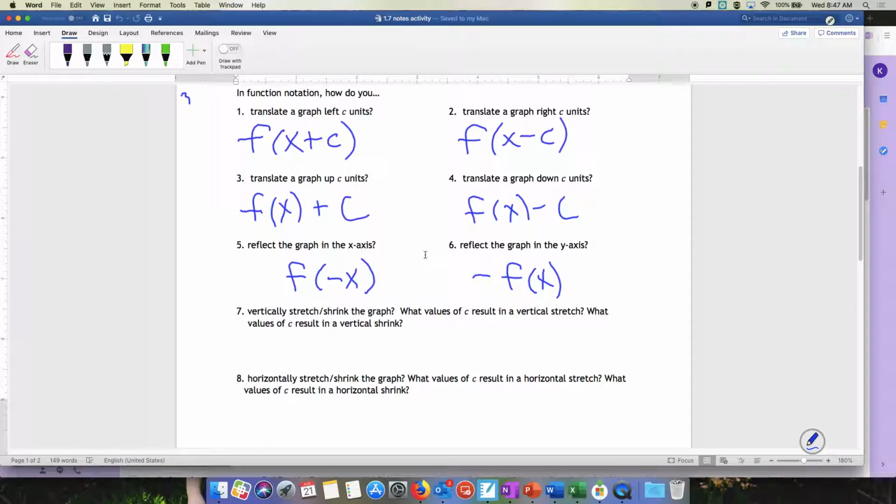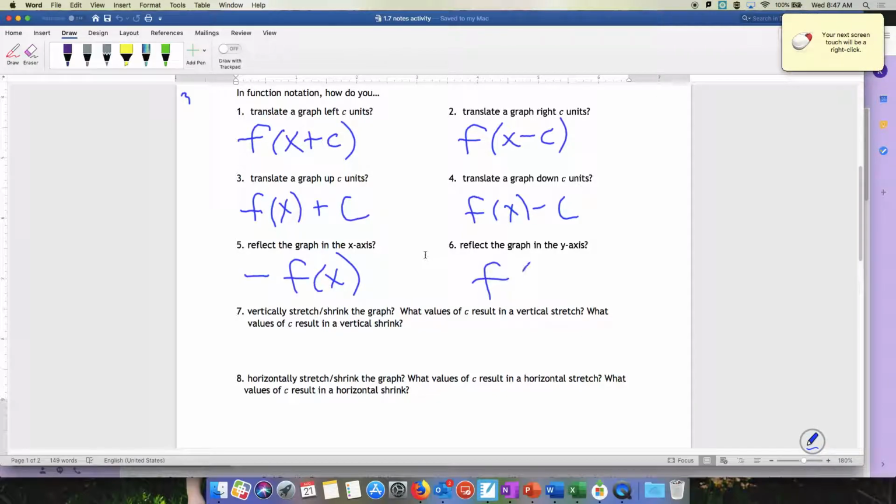Vertical. Our vertical ones are changing. So let's go ahead and change this. Outside is going to affect our y values. Inside is going to affect our x values. Okay? So a reflection about the y-axis means our x values are changing. A reflection around the x-axis means our y values are changing.